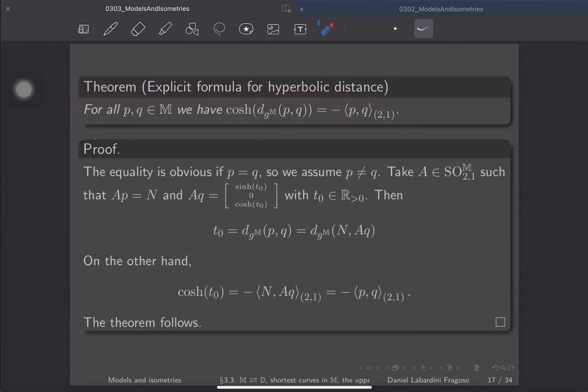This is a very beautiful formula, and it really computes explicitly the hyperbolic distance between two points in the hyperboloid.